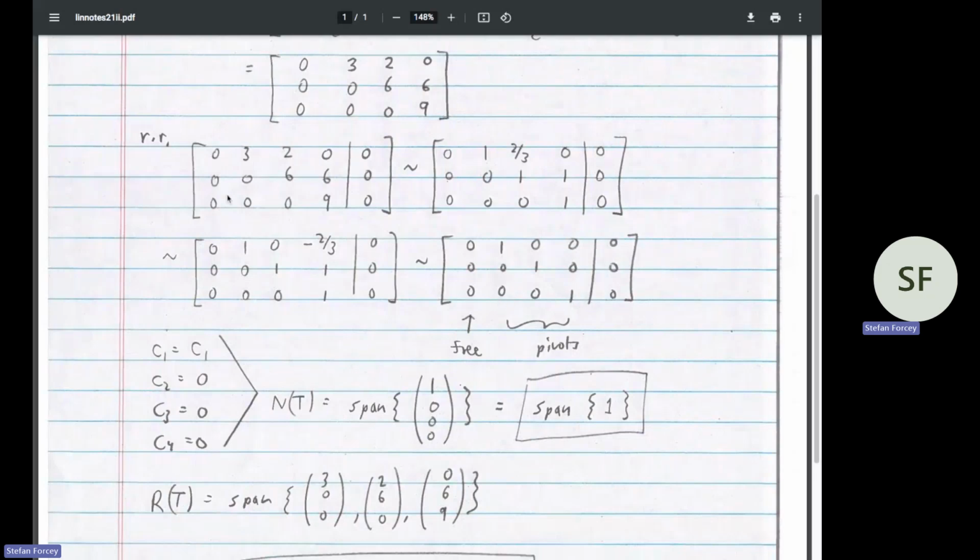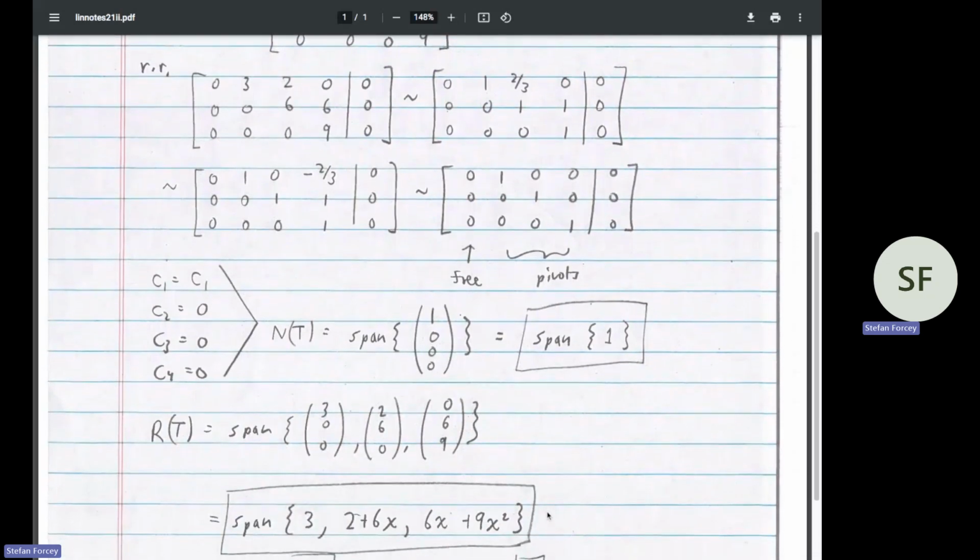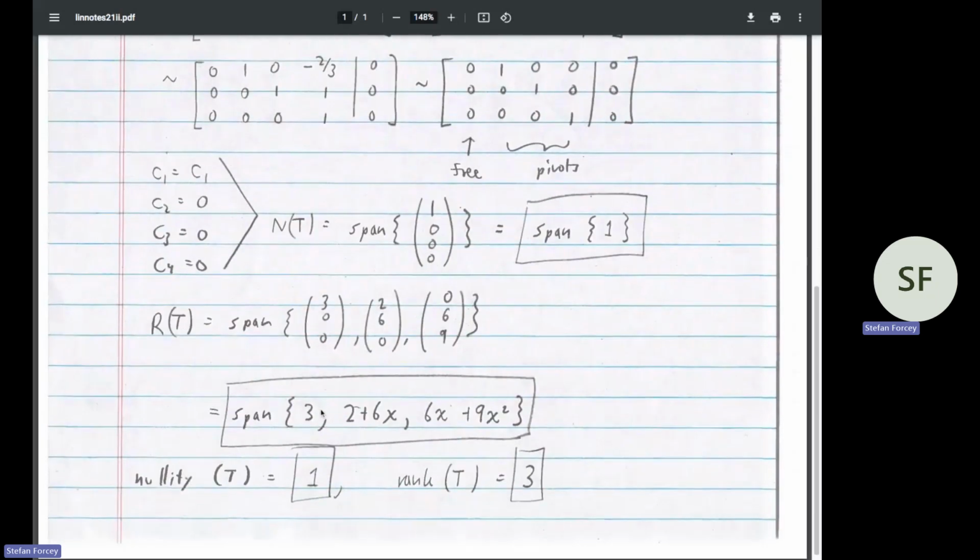So we take the 3 columns from the original matrix, which are 3, 0, 0, 2, 6, 0, and 0, 6, 9. And they are in P2. So we turn those into polynomials: 3, 2 plus 6x, and 6x plus 9x squared.